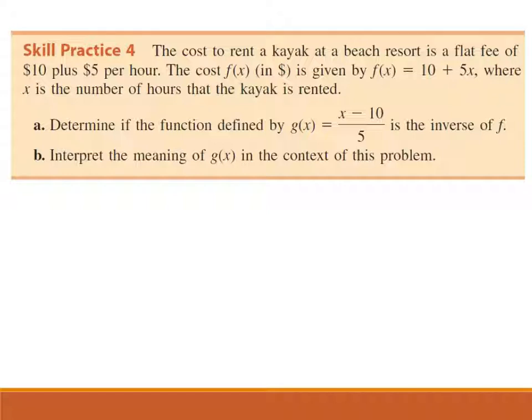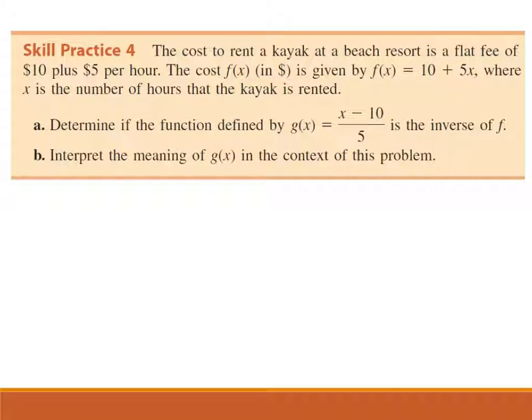So in skill practice 4, we're doing an application of an inverse function. The cost to rent a kayak at a beach resort is a flat fee of $10 plus $5 per hour. The cost f of x in dollars is given by f of x is equal to 10 plus 5x, where x is the number of hours that the kayak is rented.